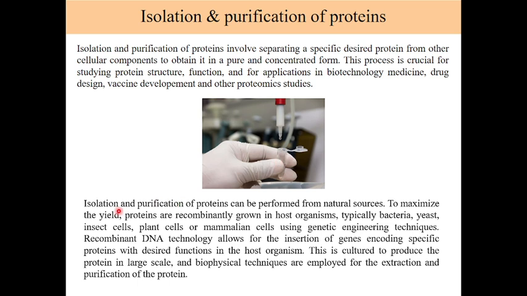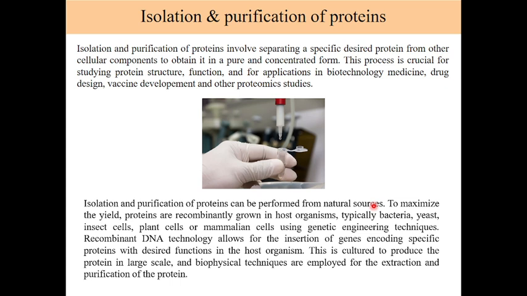Isolation and purification of proteins can be performed from natural sources also, but natural sources do not give you proteins in very large amounts. The proteins from natural sources are very little in quantity, plus it is very difficult to isolate and purify them.